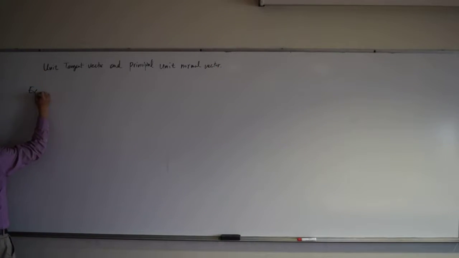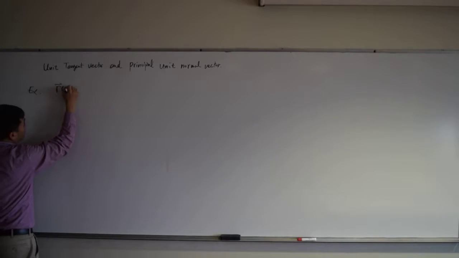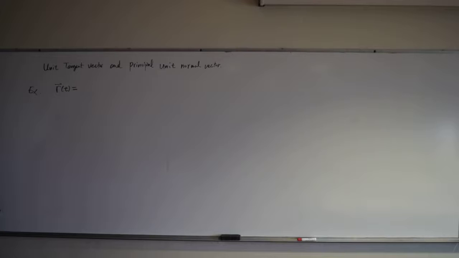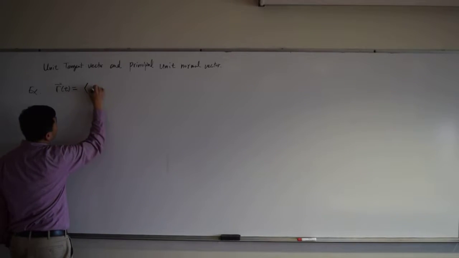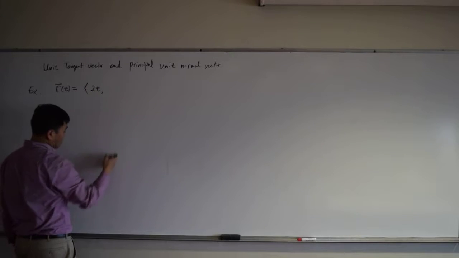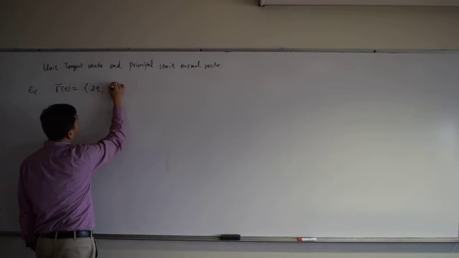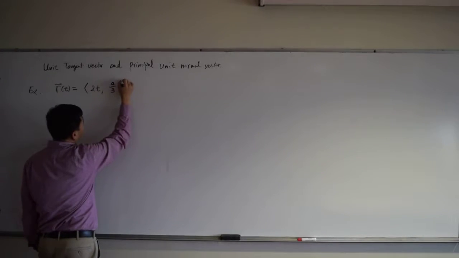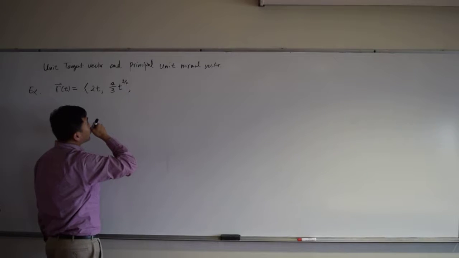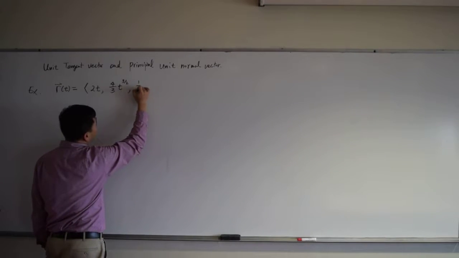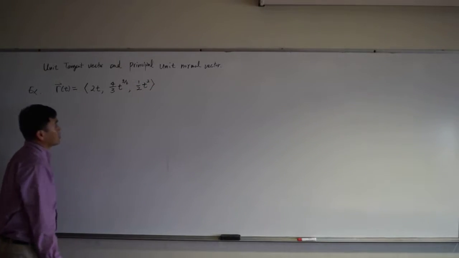So let's say you're given the trajectory curve r(t), which is 2t, and then 4/3 and then like this.